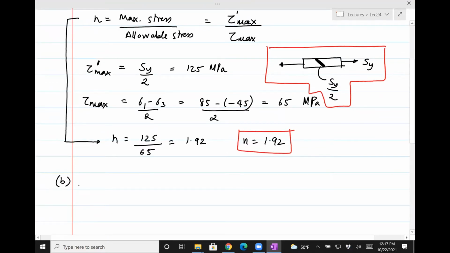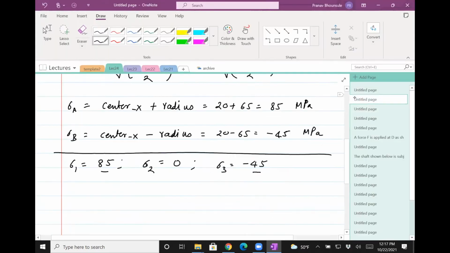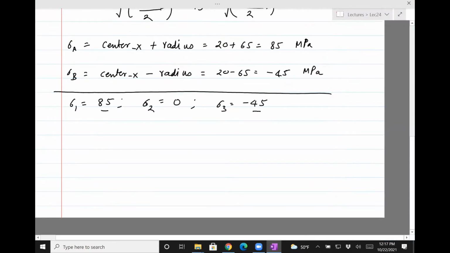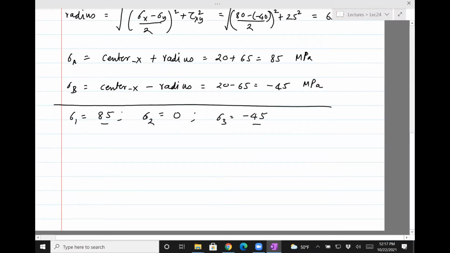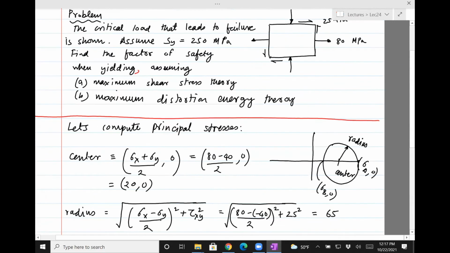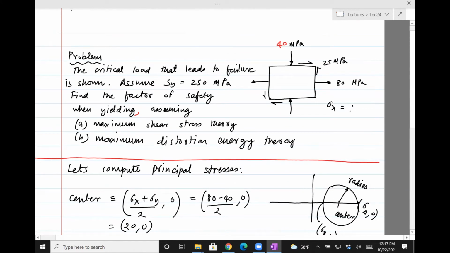Okay, let's go to the distortion energy theory question. How did you know sigma 2 is 0? Yeah, so let's go back. Okay, so this is a condition of plane stress. In plane stress, two stresses are non-zero. The third stress, one stress, is always 0. The other two stresses can also be 0. So in a plane stress condition, if you see here, sigma x is 80, sigma y is minus 40, and then sigma z, which I have not shown here, is 0.